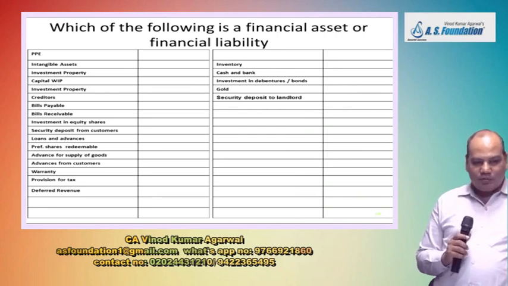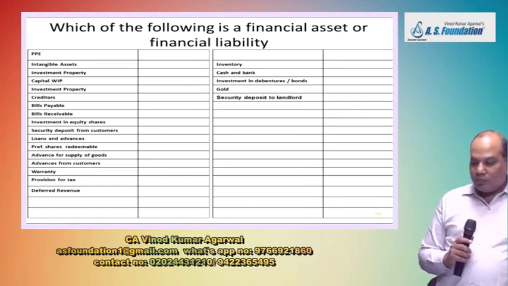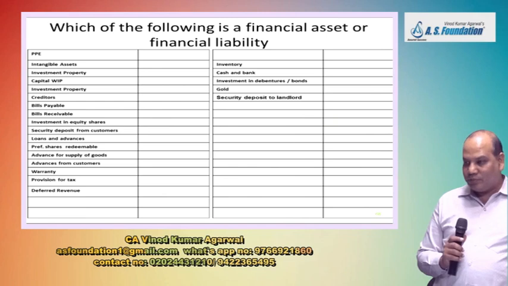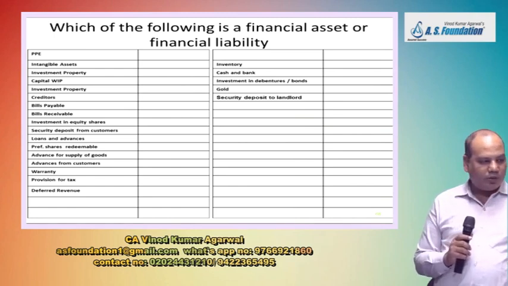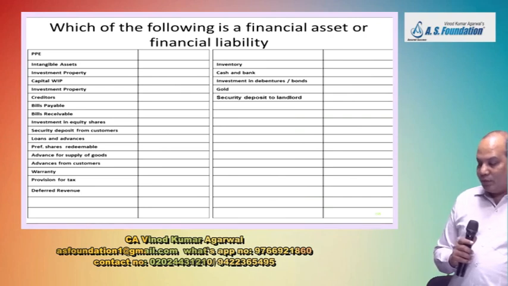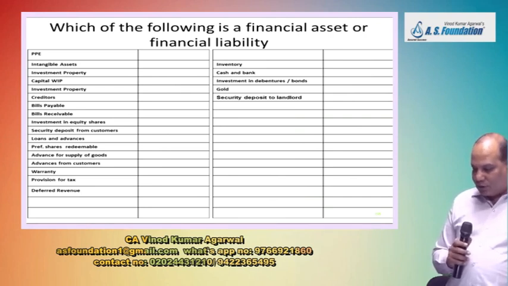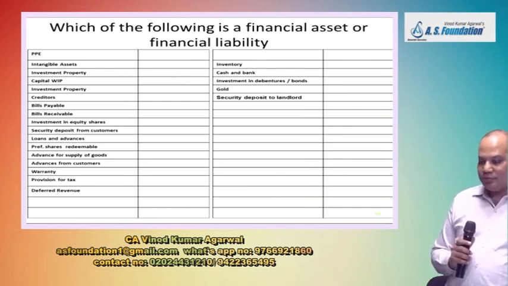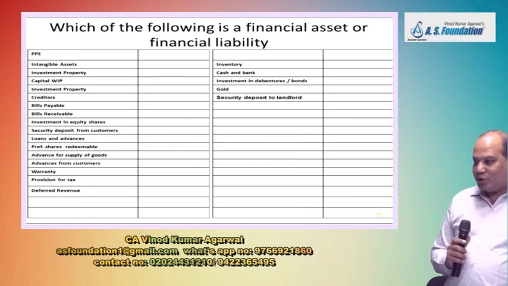First is PPE. Below that, second, intangible asset. Third, investment property. Fourth, capital WIP, capital work in progress. Write investment property only once. Creditor, bills payable, bills receivable. One below the other.